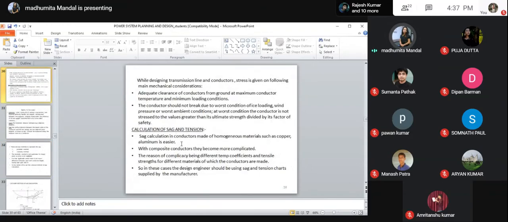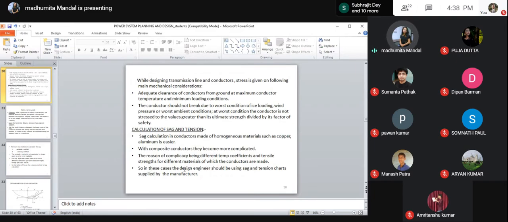Sag calculation in conductors made of homogeneous materials such as copper, aluminum is easier. With composite conductors, they become more complicated. The reason for the complication is the different temperature coefficients and tensile strengths for the different materials of which the conductors are made.